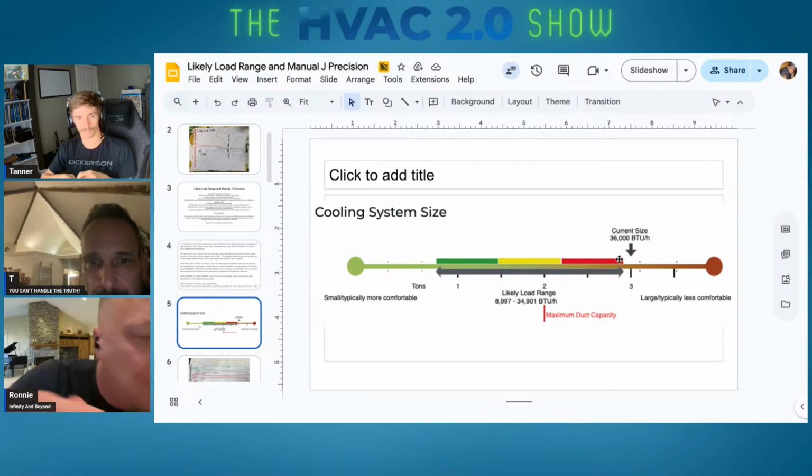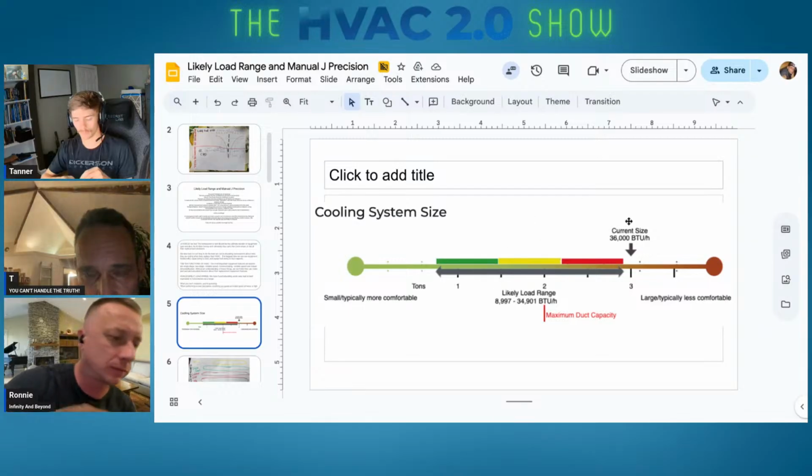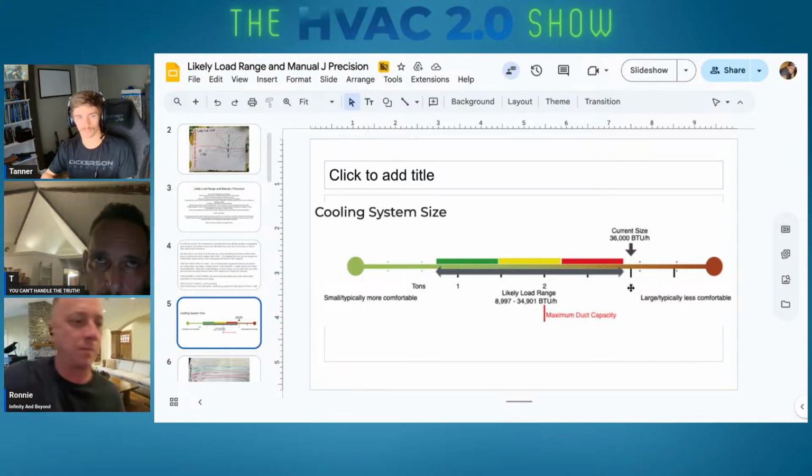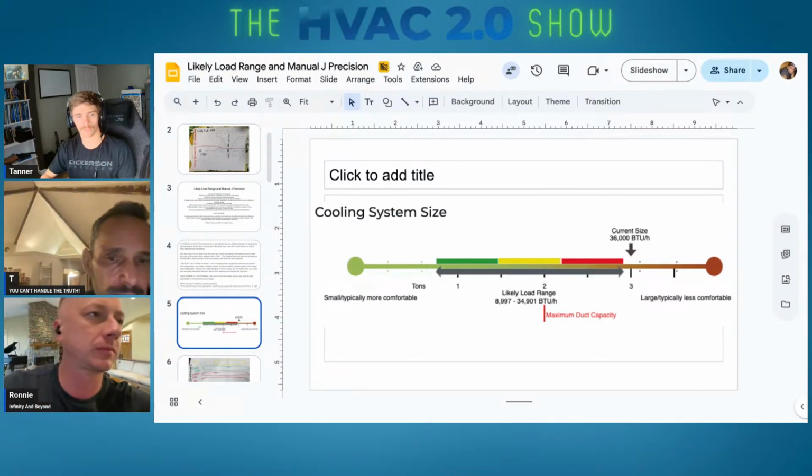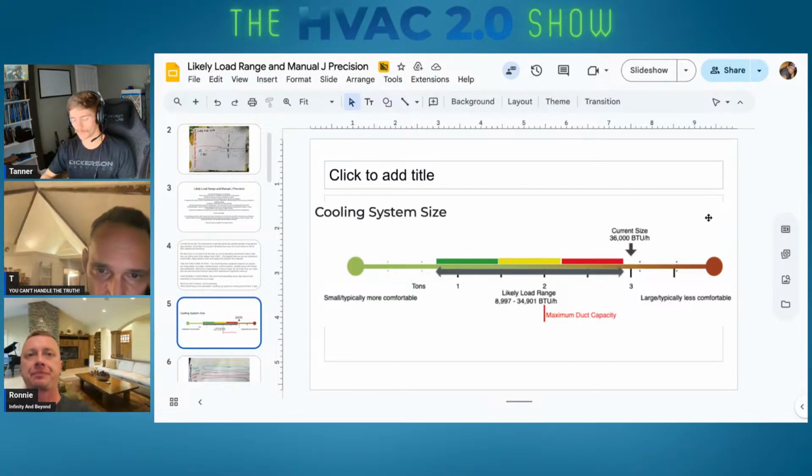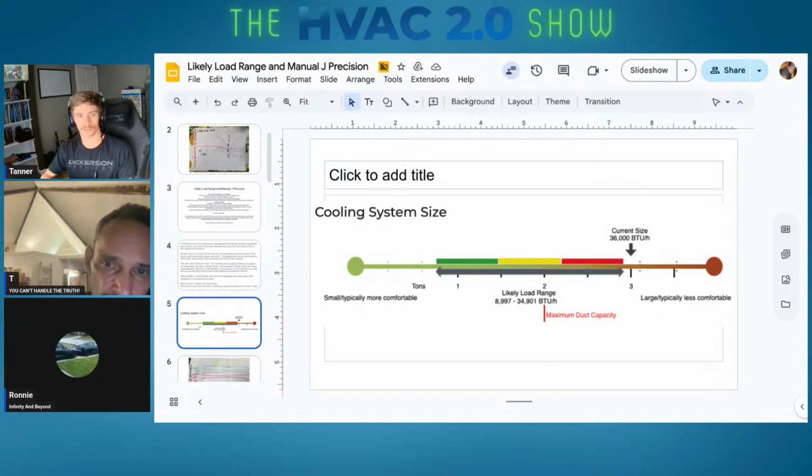because if the house is in the red for some reason, you probably got issues that even the best equipment isn't going to solve. That house probably needs something. It needs its attic redefined, or it needs its crawl space encapsulated. It needs some fixing.